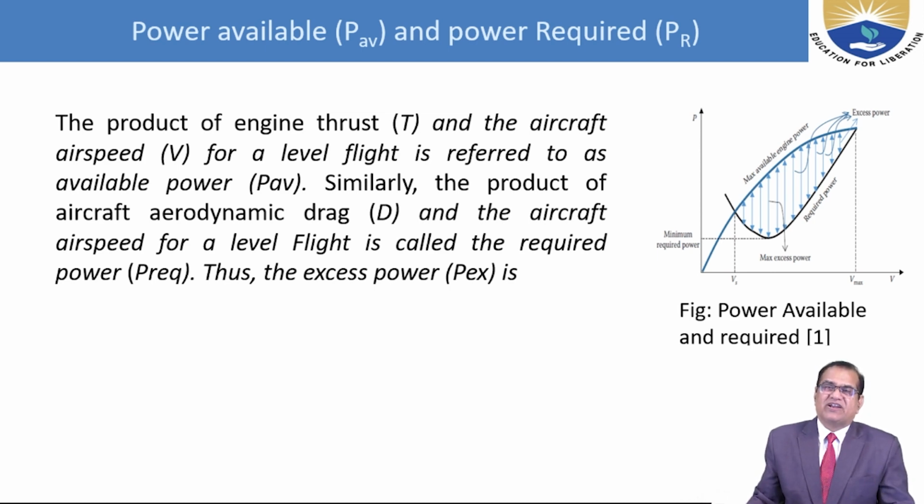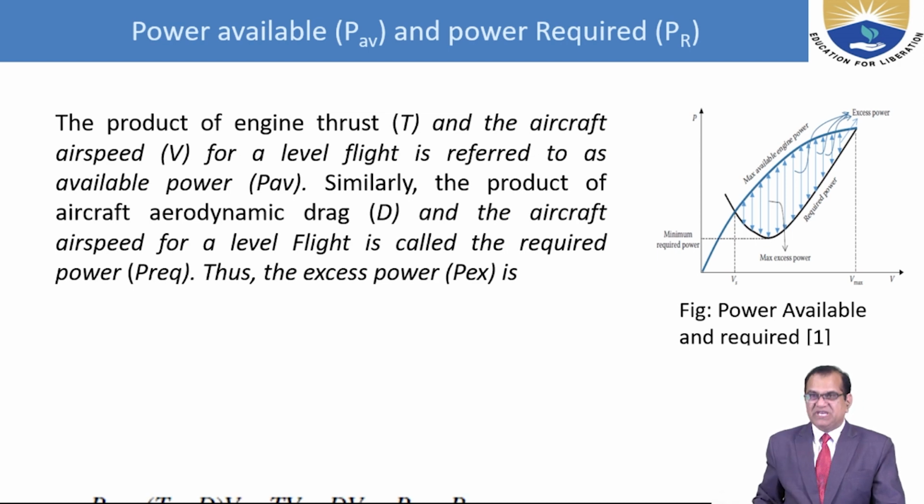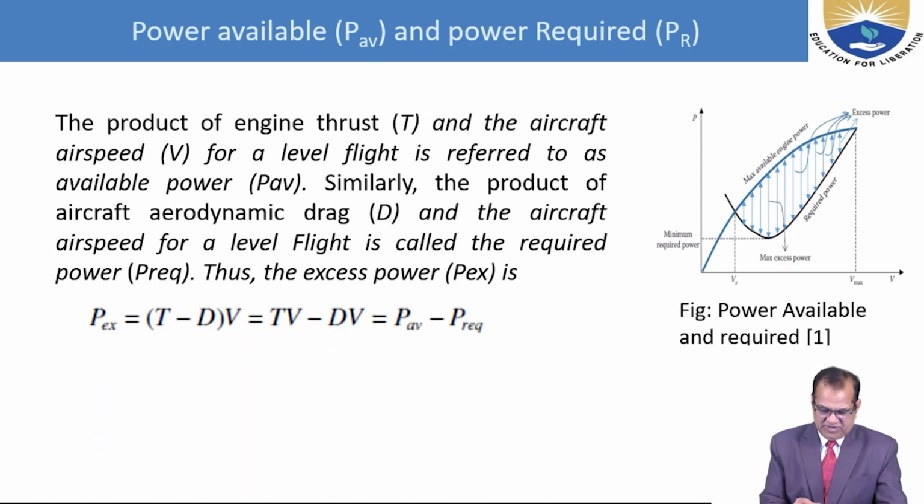Similarly, the product of aircraft aerodynamic drag D and the aircraft airspeed for a level flight is called the required power, or P required, PR. Thus, the excess power Px is a difference. Px is equal to (T minus D) into V is equal to TV minus DV, P available minus P required.